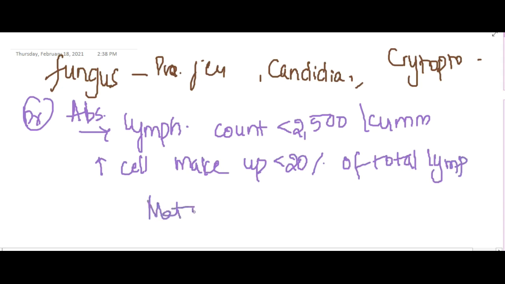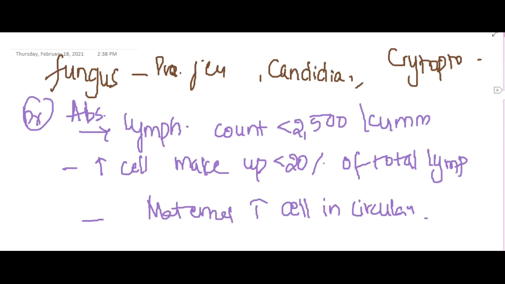And if maternal T cells are present in the circulation. These three are the conditions where we suspect severe combined immunodeficiency.